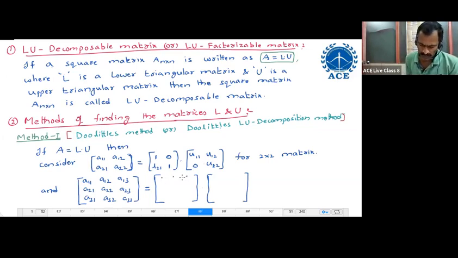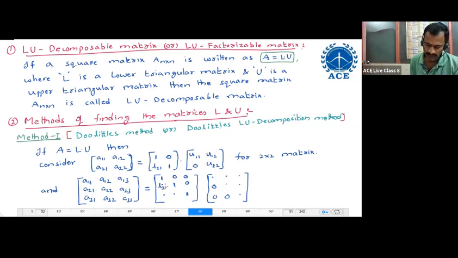According to the lower triangular matrix, all the elements above the diagonal should be 0. According to the definition of an upper triangular matrix, below the diagonal, all should be zeros. Next, according to Doolittle's method, in the lower triangular matrix, the diagonal elements should be 1.